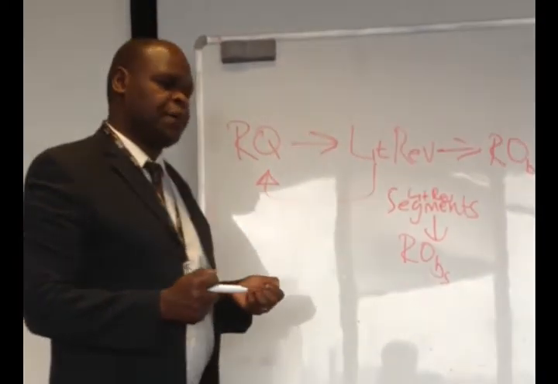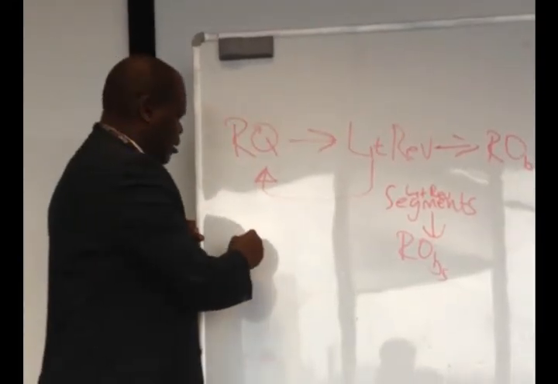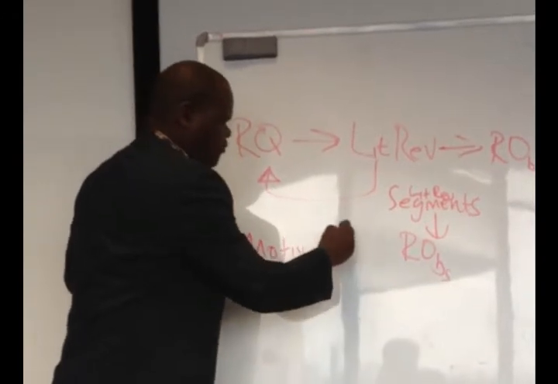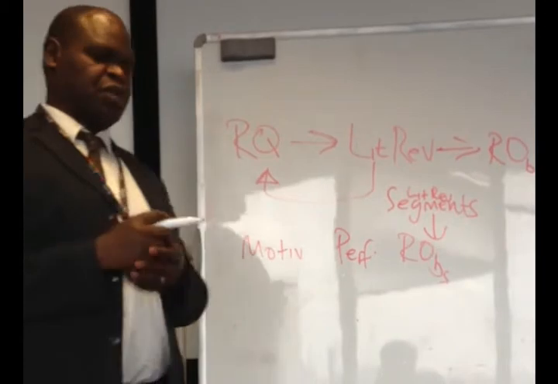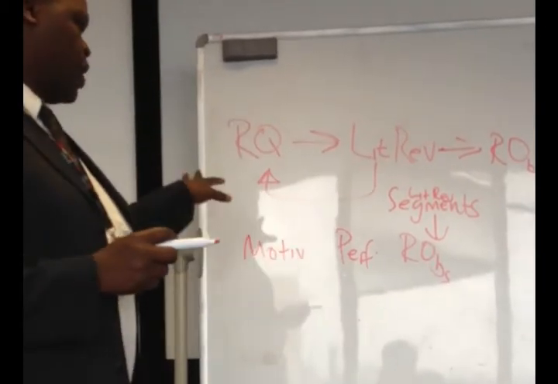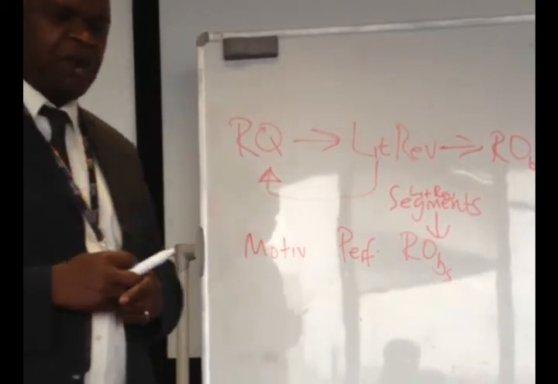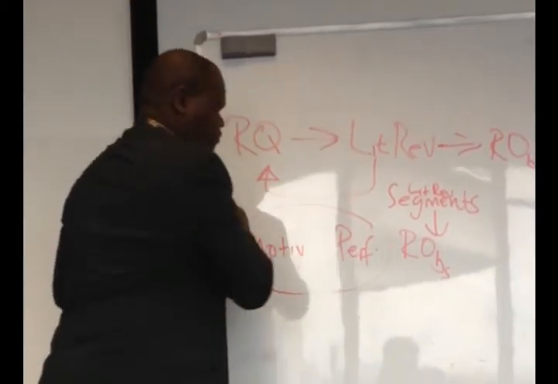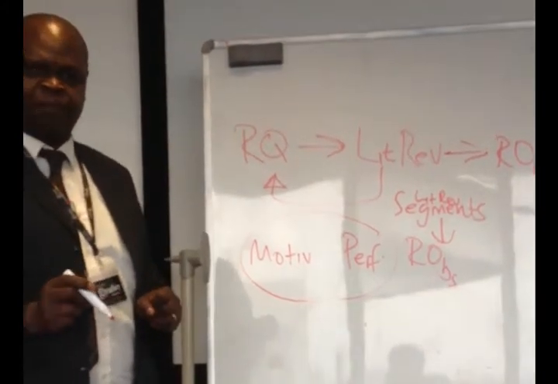Let's start with our concept where we said motivation and performance. If that's what we started as our research question, we are saying motivated staff perform better than staff who are not motivated. We might, after we read the literature, find that there are a number of aspects that motivate an employee.